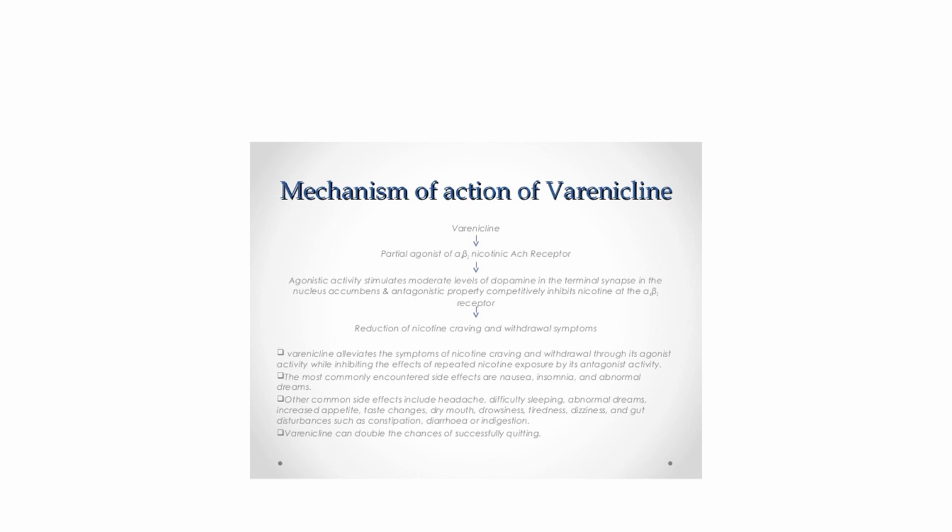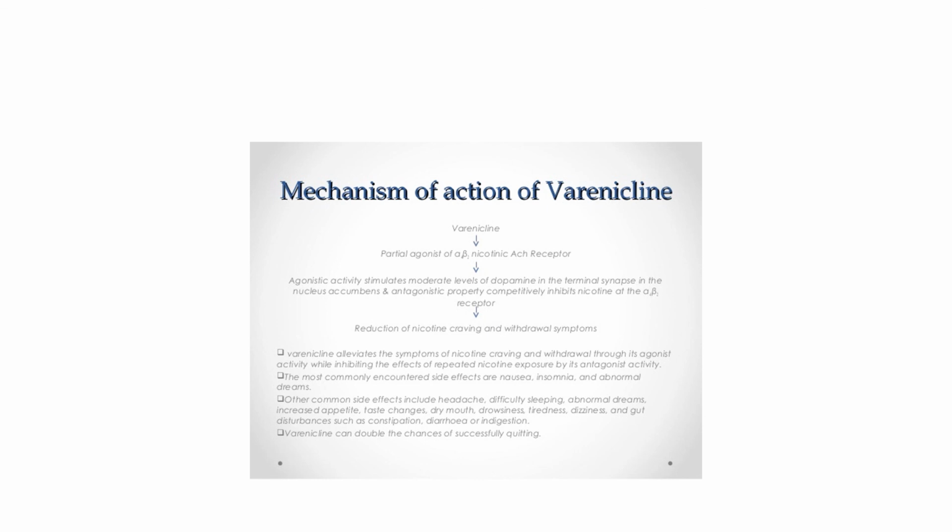Mechanism of action. As I told you earlier, nicotine goes and binds to the nicotinic acetylcholine receptor, specifically alpha 4 beta 2. Now, varenicline will go and bind to these receptors, and its agonistic activity will stimulate moderate levels of dopamine in the synapse, and it has an antagonistic property which competitively inhibits nicotine at the alpha 4 beta 2 receptors.